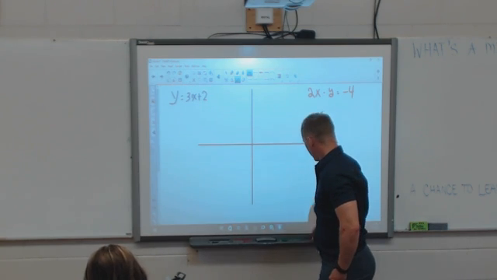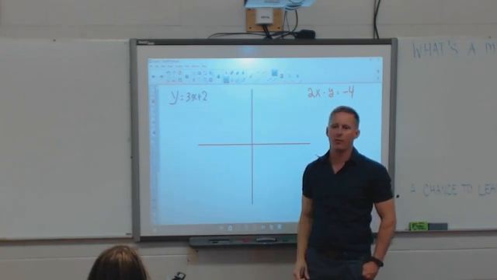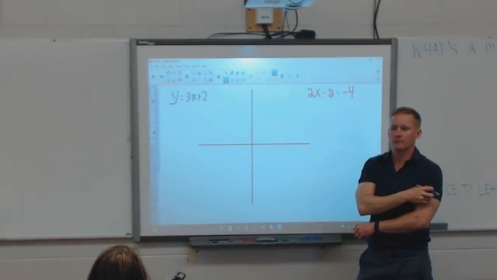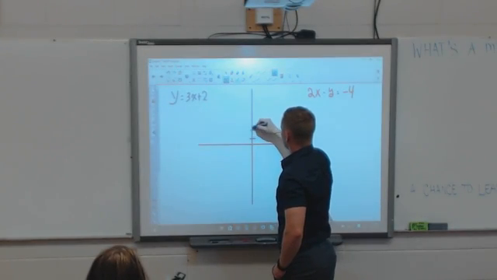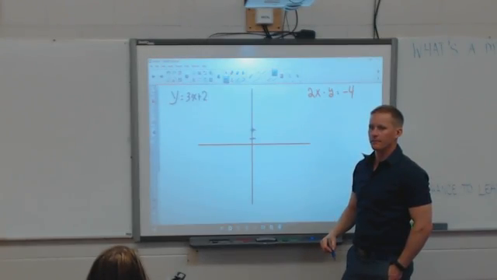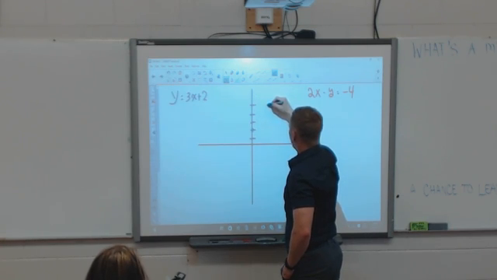Starting with this one, we'll do the slope and intercept because it's already in that form for us. So what's my starting coordinate then? 0 and positive 2. That's my starting coordinate. Where does my slope tell me to go? Up 3, right 1.